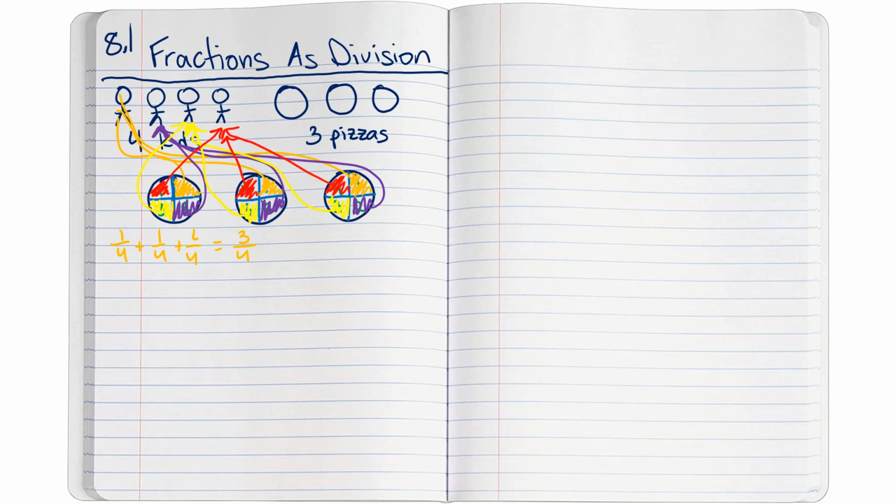In this way, I could split each pizza up by the number of kids I have, and if I cut up each pizza that way, each kid would get an equal amount. So I could do this every time.